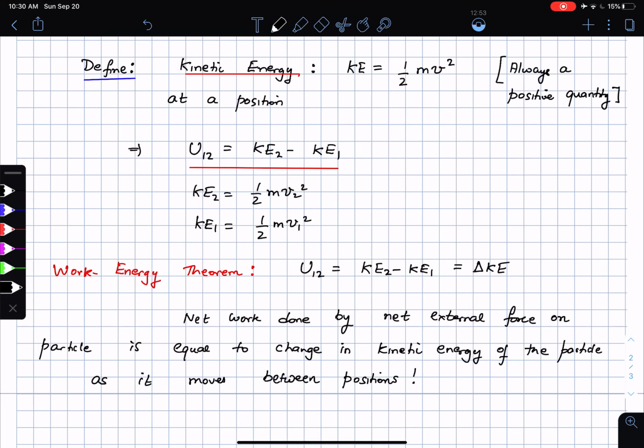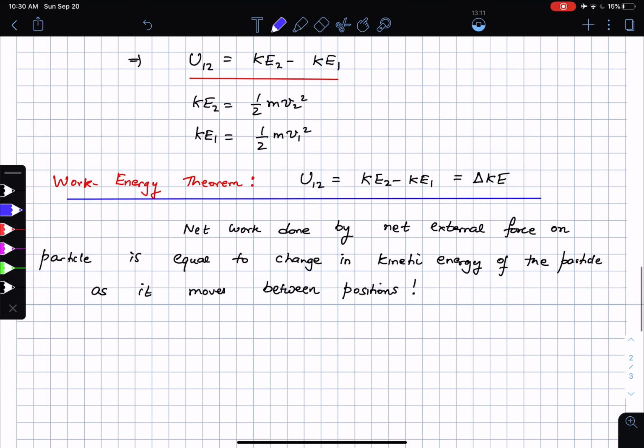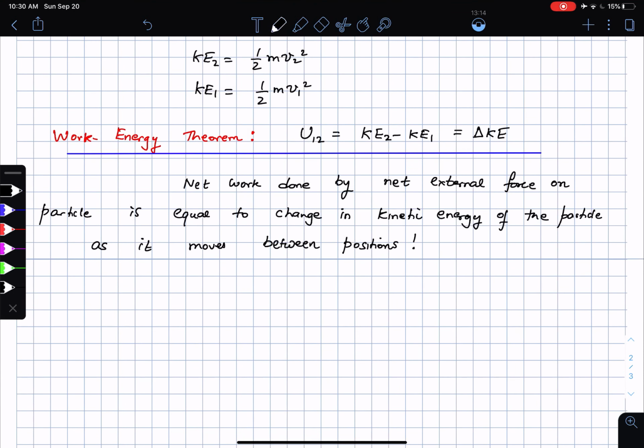Okay, so this is the work energy theorem. This is the foundational statement, in a sense, of something that we're going to be making use of in solving several problems. So this is an important thing that you have to understand, where U12 is the work done by the external force on the particle. Okay, so here I want to mention this. U12 is the net work done by all the external forces.